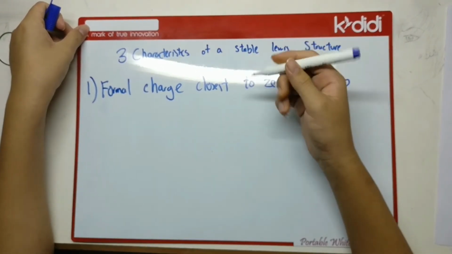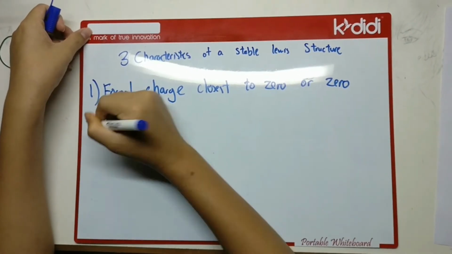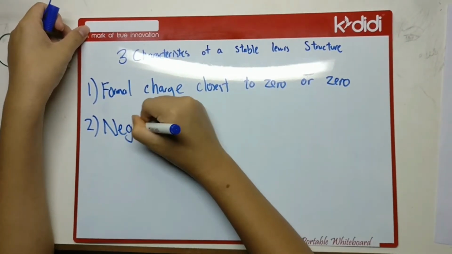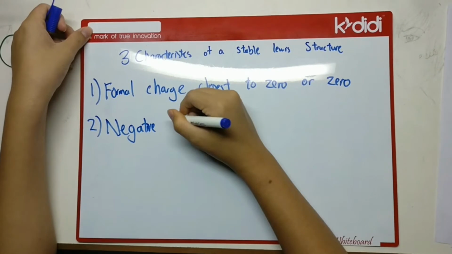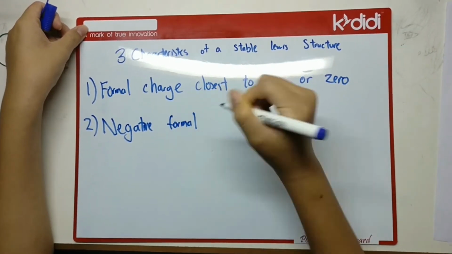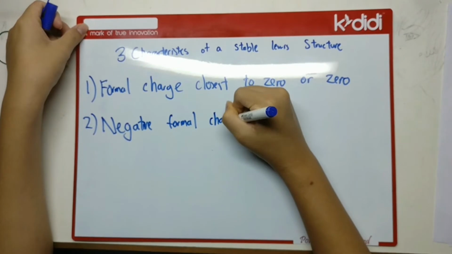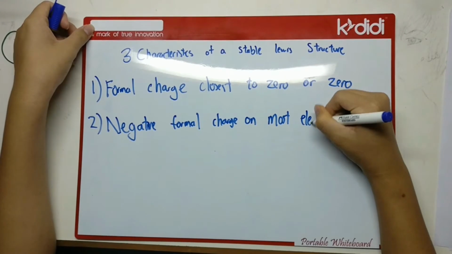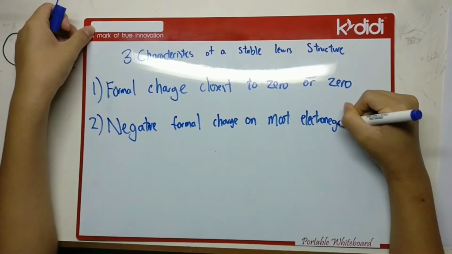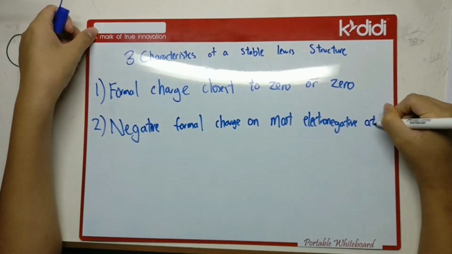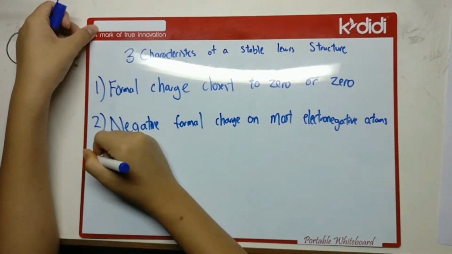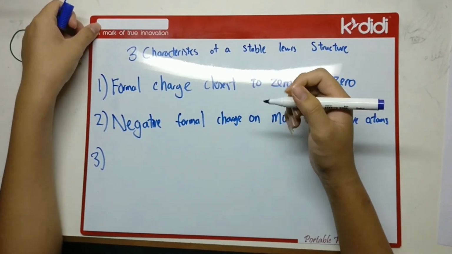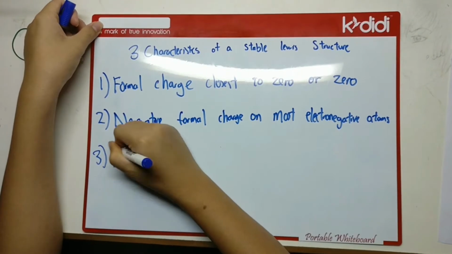The second point would be negative formal charge on the most electronegative atoms in a molecule. And lastly, positive formal charge on less electronegative atoms.